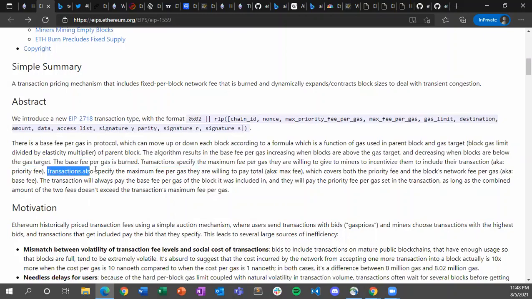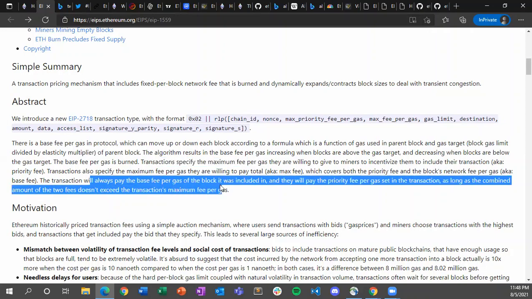Now, transactions specify the maximum fee per gas they're willing to give to miners to incentivize them to include the transaction, which is known as the priority fee. And transactions also specify the maximum fee per gas that they are willing to pay in total, which is the max fee, which covers both the priority fee and the block's network fee per gas, aka the base fee.